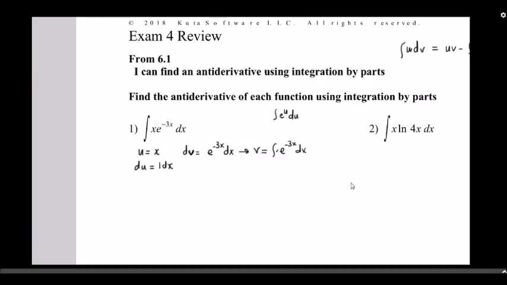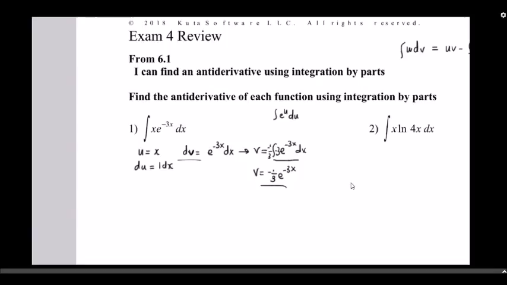I'm supposed to have a negative 3 right here, which means I need a negative 1/3 out in front. And then I can finish this. The antiderivative of negative 3 e to the negative 3x is just e to the negative 3x. And then I've got that 1/3 in front there. So v equals negative 1/3 e to the negative 3x.